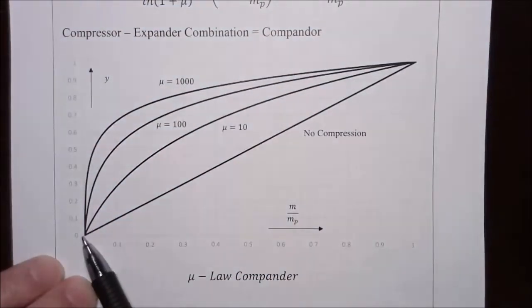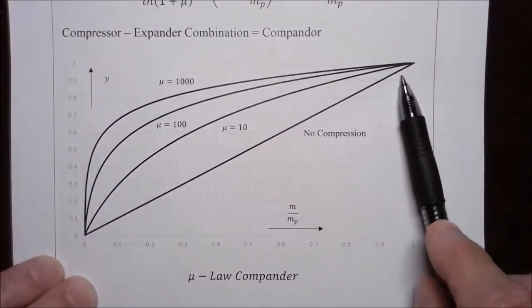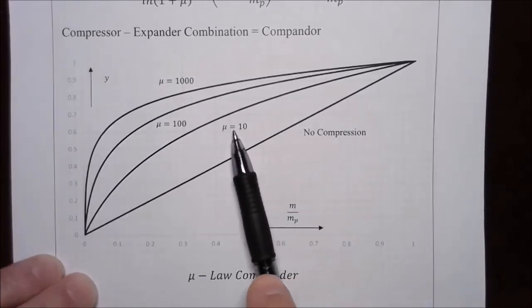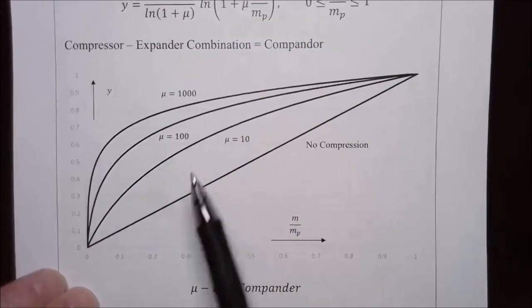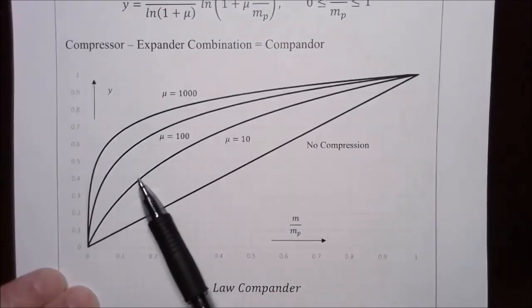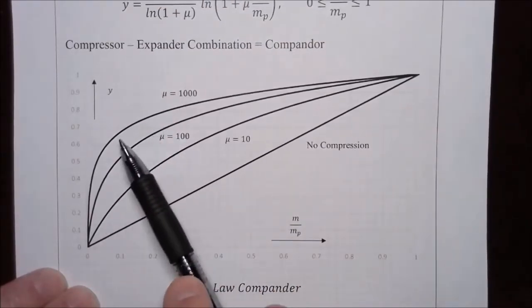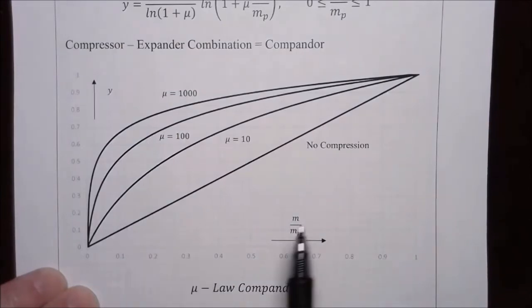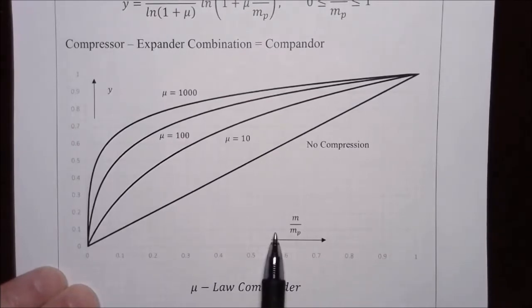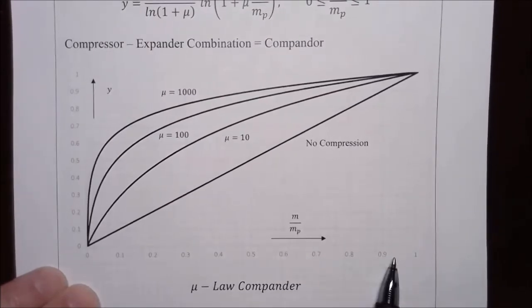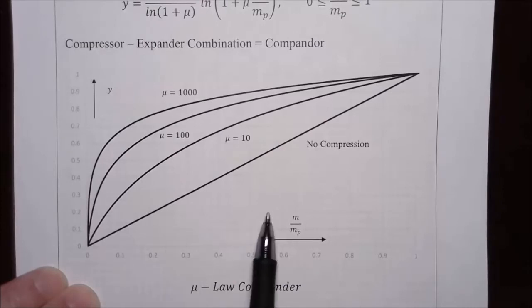With no compression at all, this is a linear relationship. But with different values of mu, different degrees of compression, you get these other curves that illustrate the input and the output. So if you take a relatively small value of input, let's say that the peak range is equal to 1, and our message value samples to be 0.1.